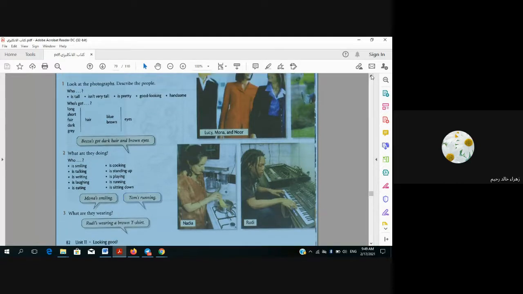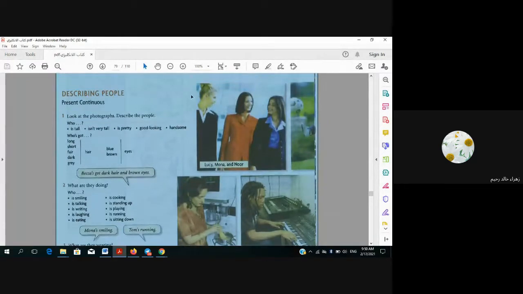لاحظتوا احنا استخدمنا verb to be is are am plus verb with ing. انتبهتوا؟ نعم. We use verbs with ing because we are talking about something which is happening now. يعني عندما نتحدث عن شيء يحدث الآن نستخدم المضارع المستمر. هو الآن يعني هو يعزف، هي تطبخ أو هم يضحكون.